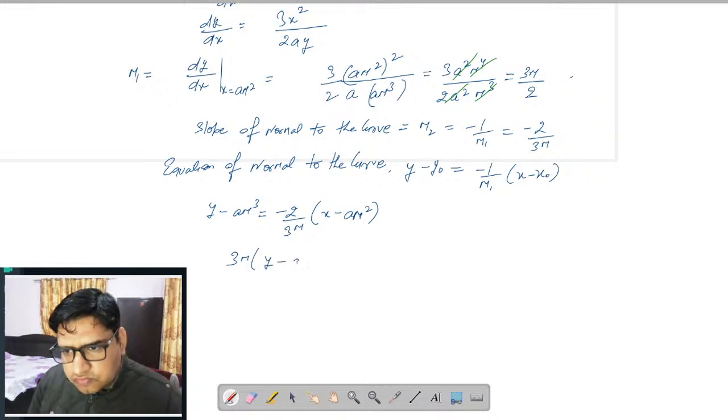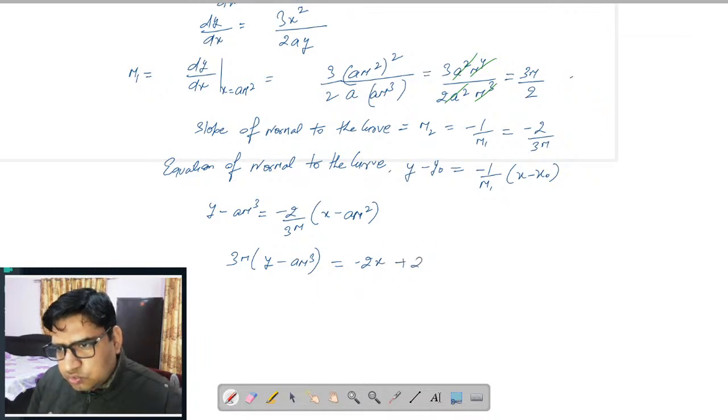So 3m times (y minus am cube) is equal to minus 2x plus 2am square. So 3my minus 3am to the power 4 plus 2x is equal to 2am square.